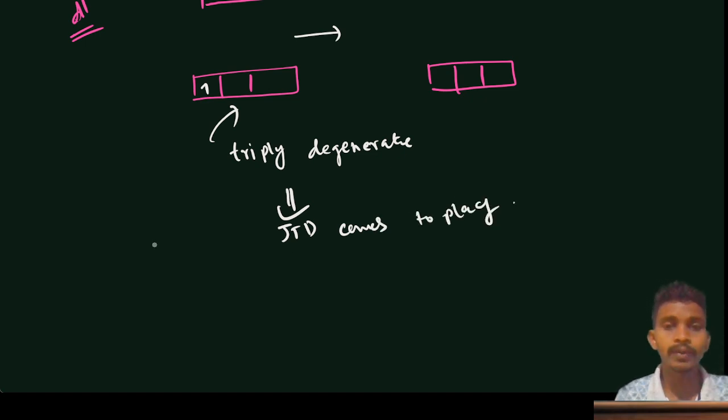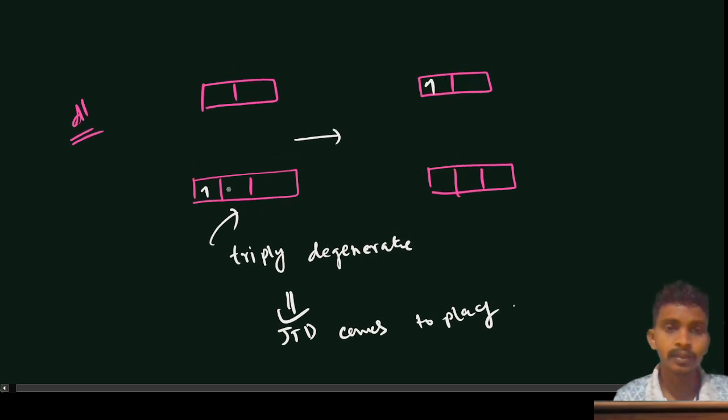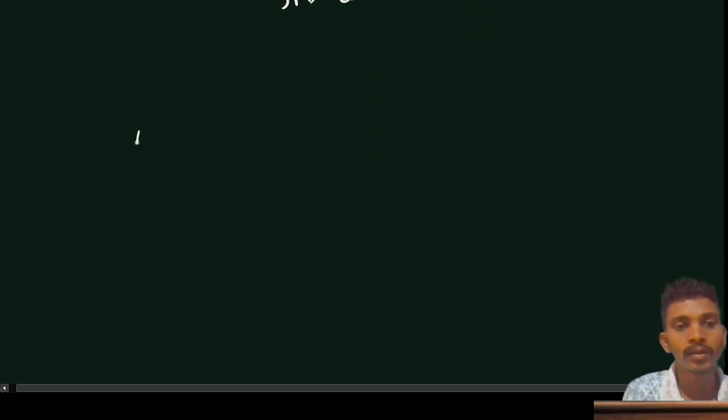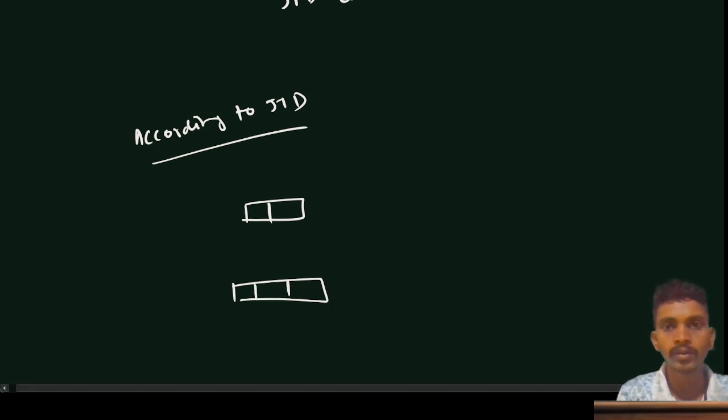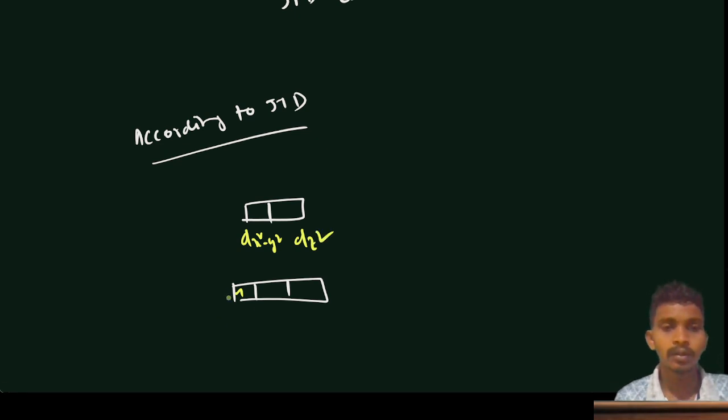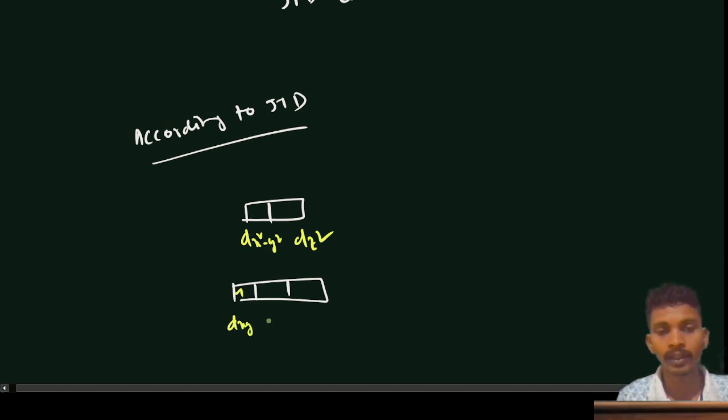According to JTD, one electron is there, and let's say this is dx square minus y square, this is dz square, and this is dxy, dyz, and dzx.